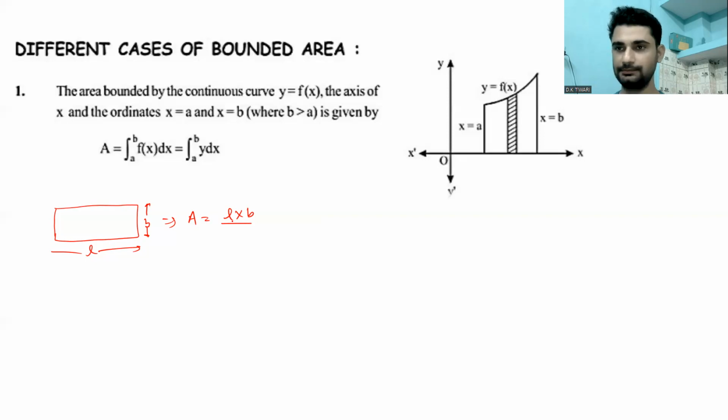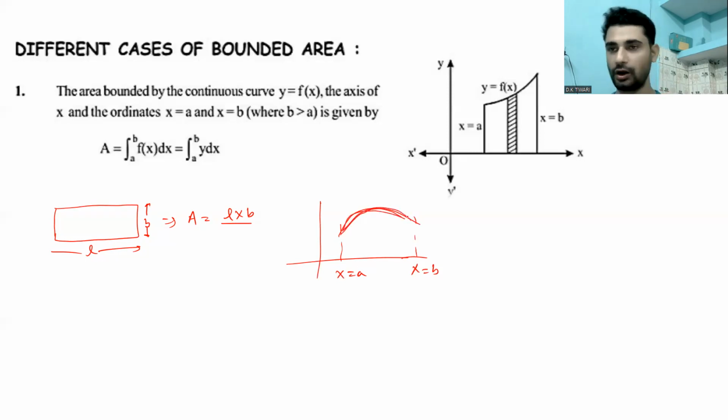For example, if the curve is like this, from x equal to a to x equal to b. This is not a linear function. It may be quadratic or maybe cubic, depending on the graph.